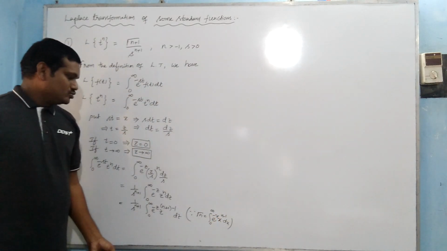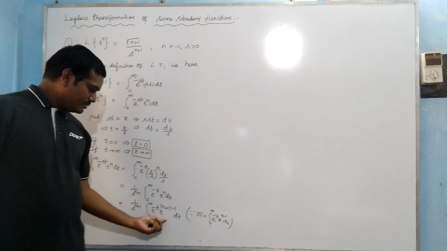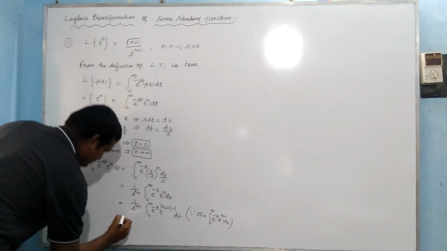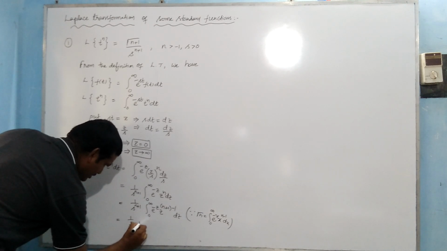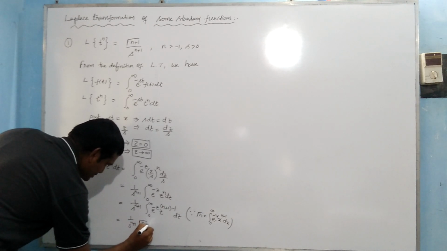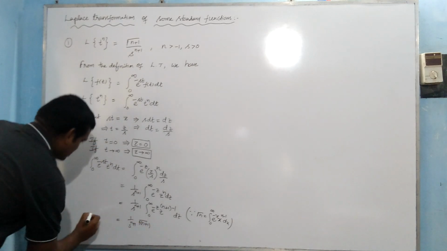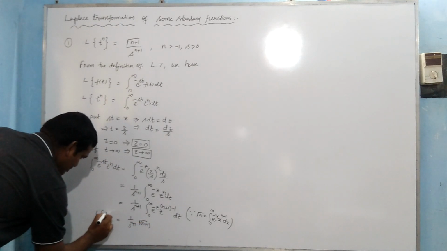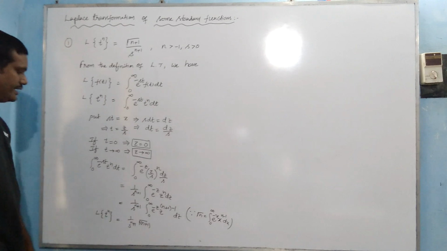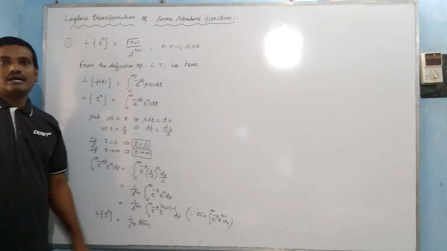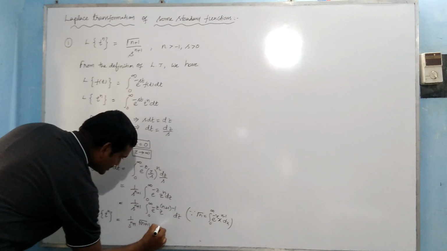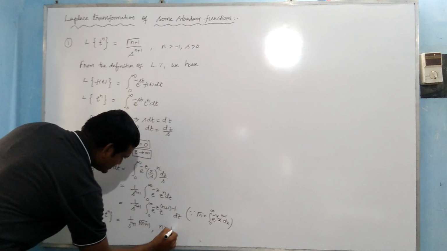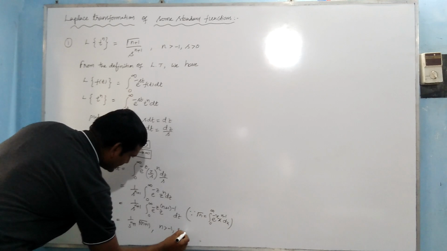Using this definition, this can be written as gamma of n plus 1. So Laplace of t power n is equal to 1 by s to the power of n plus 1 times gamma of n plus 1. Here n plus 1 is greater than 0, that is n is greater than minus 1, s is greater than 0.